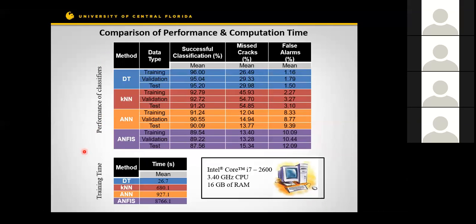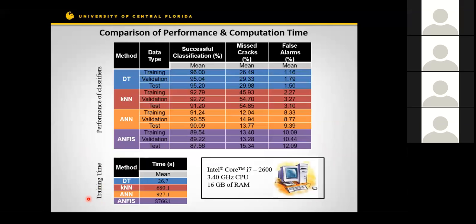The second criterion for us was computation time. We noticed, as we expected, the decision tree and k-nearest neighbor techniques are very simple methods. They don't have many adaptive parameters. And of course, the training time for them is much less than for methods like ANFIS. ANN and ANFIS generally take more time to train because they have more adaptive parameters.